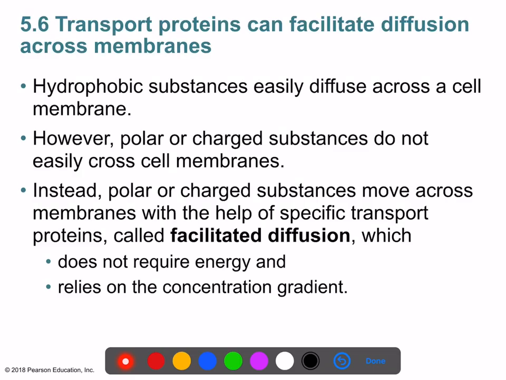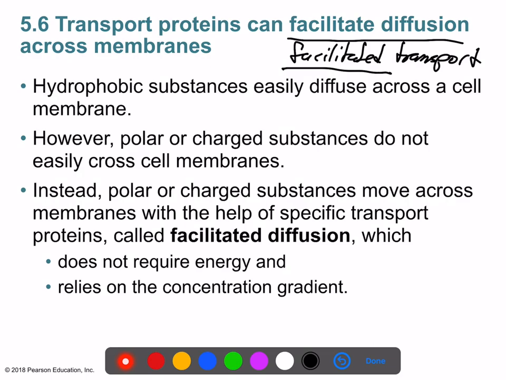This is now something called facilitated diffusion or facilitated transport. If you speak Spanish, you probably recognize that term as suggesting fácil or easy. And that's exactly what we're trying to suggest here. Transport proteins make the transport of difficult substances much, much easier.